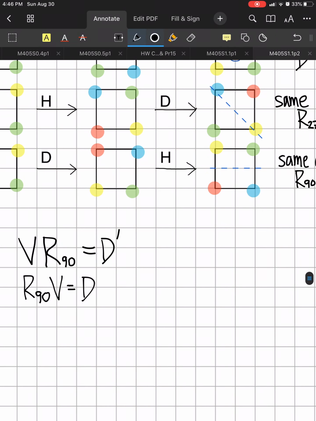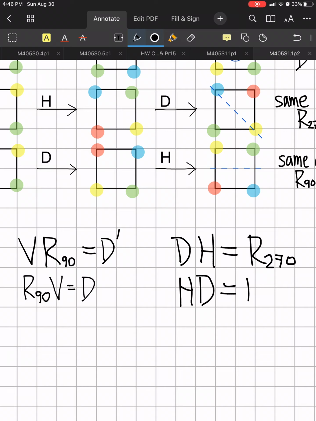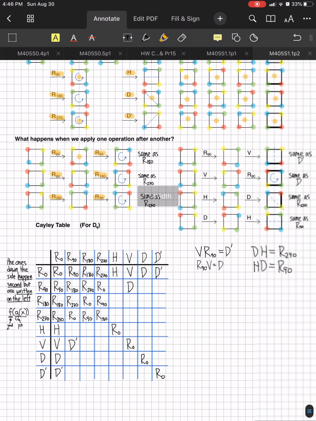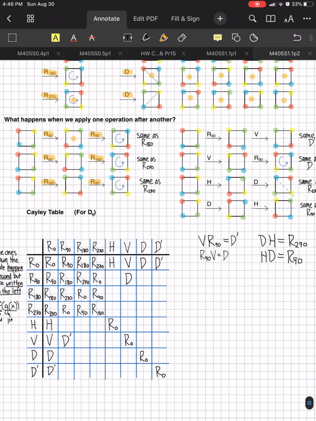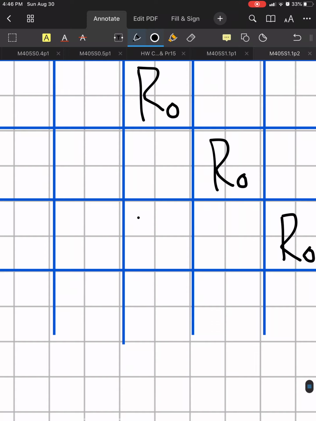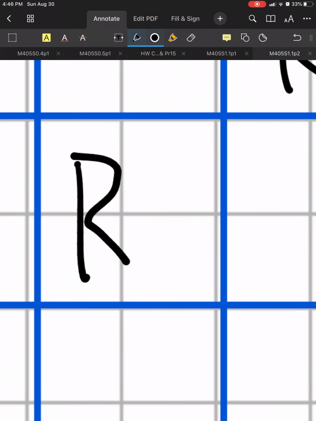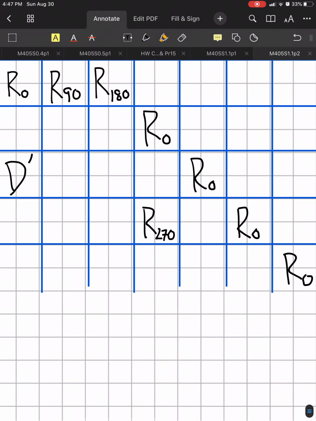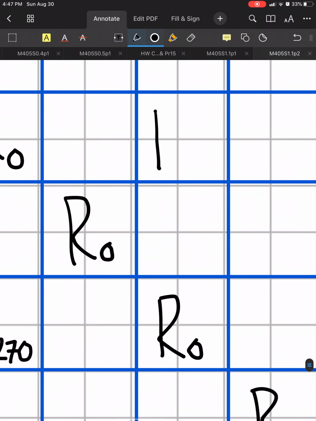Remember, the second one is written on the left, so here DH equals R270, whereas on the other hand, HD equals R90. So D, then H is R270, so we get an R270 here. That's DH. HD, on the other hand, we should get an R90 up here.